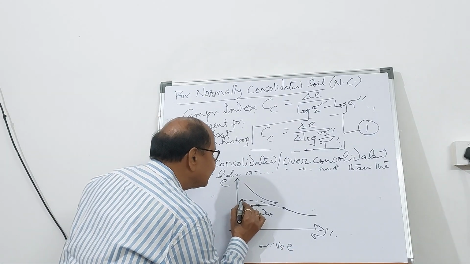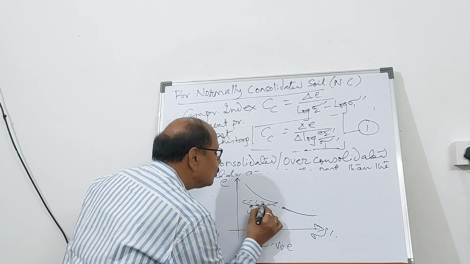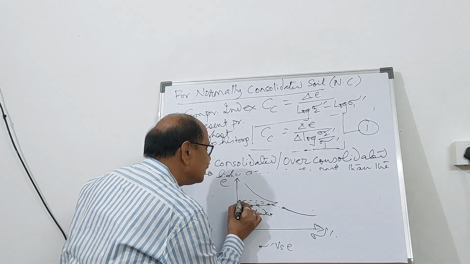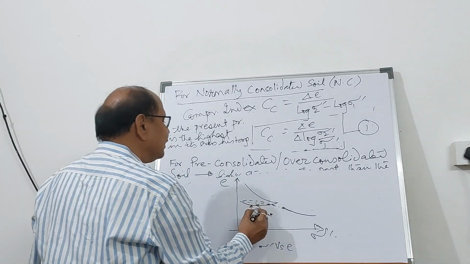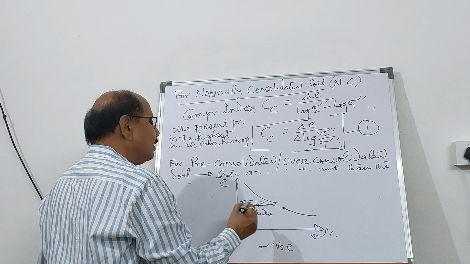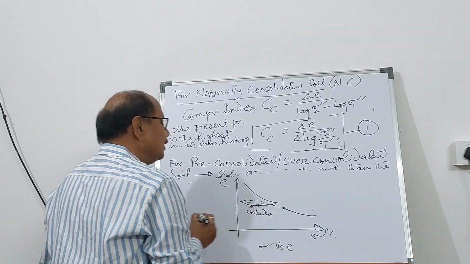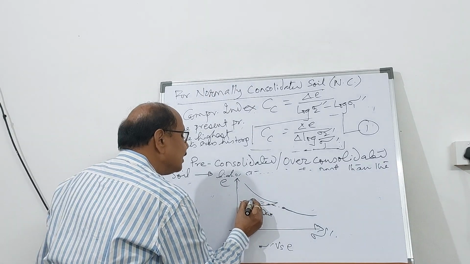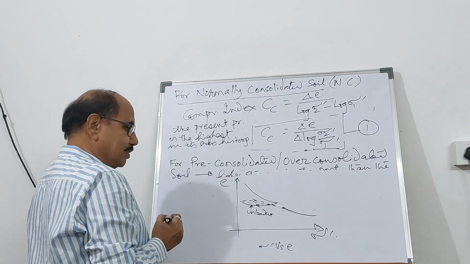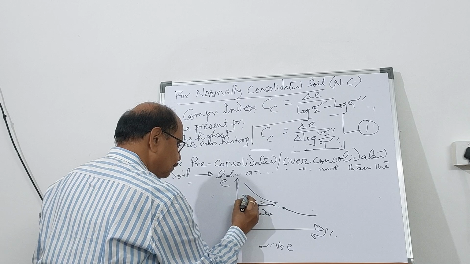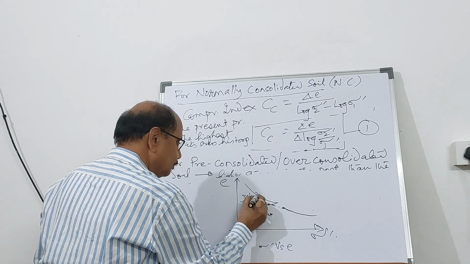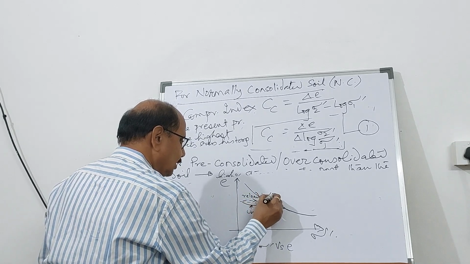So here the average slope of this will give you an index, and that index is called the recompression index. Here you are going to recompress the soil. So here it is reloading or recompression.